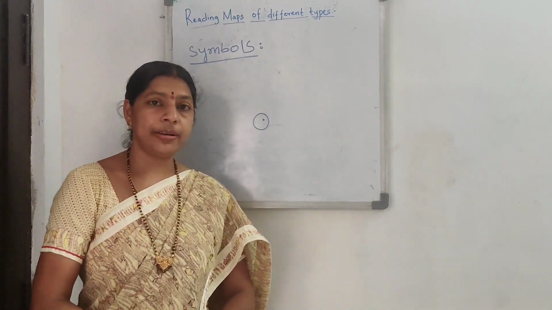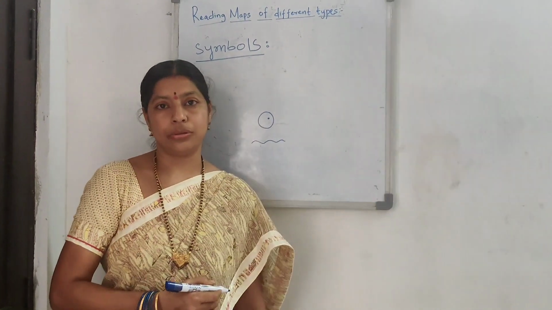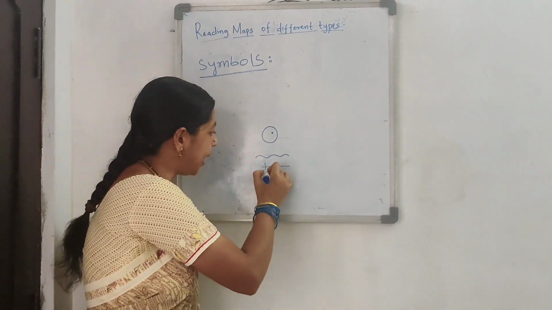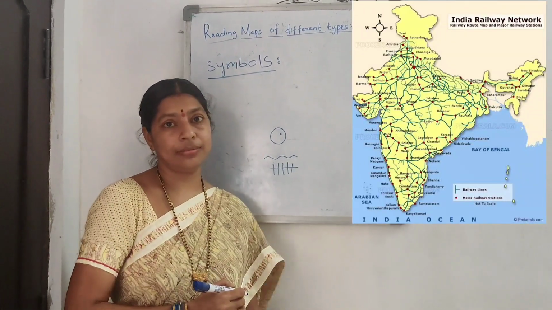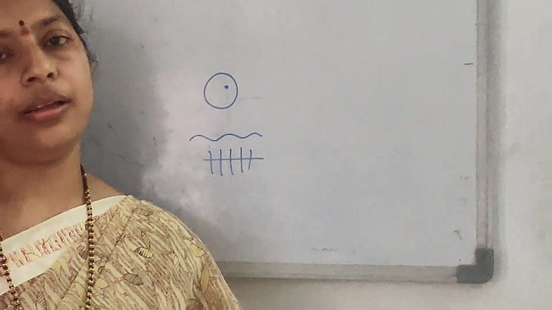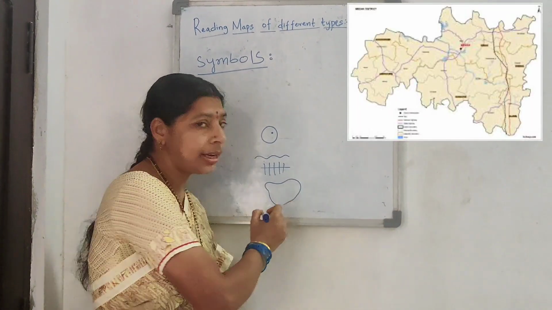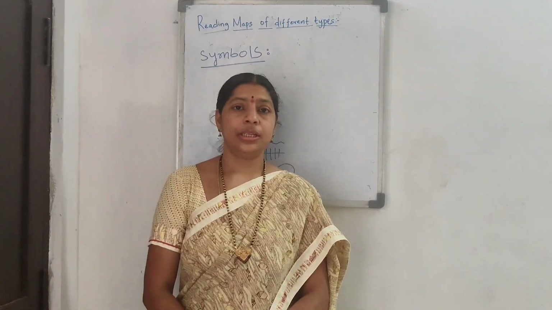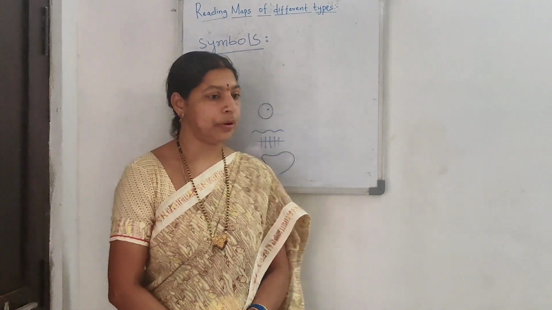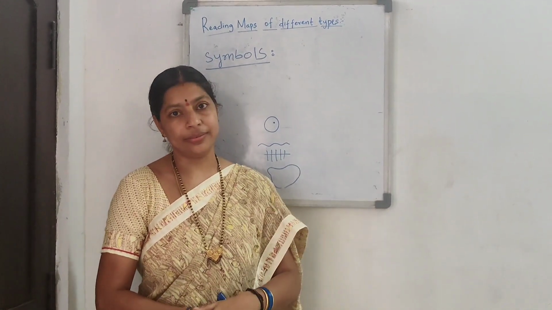To show river Manjira, we will draw a line along its course. For a railway line, we will draw the track lines to represent it on the map with the help of point, line and area symbols.